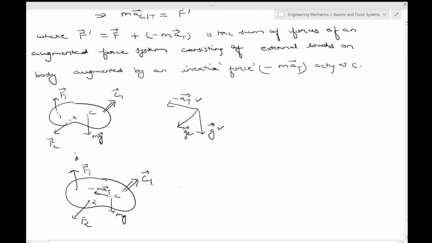So this can be seen as something like this, with at C, rather than writing mg and MAT, we can write an mg equivalent, and everything remains the same.